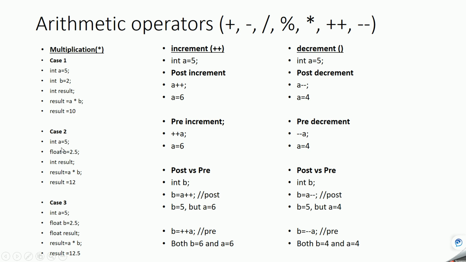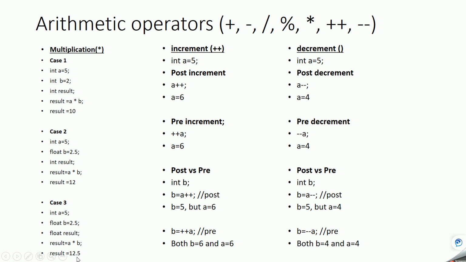Then in the second case we have a as integer and b as float, and result is of type integer. So when we perform this operation a into b, what will happen? It will give the result as 12.5, but the type of result is int, so it can hold only integer values. So the .5 from 12.5 will get deducted, and this result will become 12.